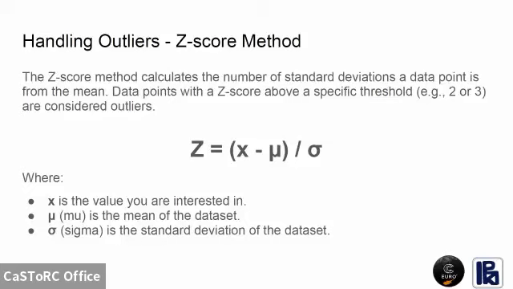You take the value that you are interested in, minus the mean value of your data set, and then divide by sigma, which is the standard deviation of your data. This is going to transform your data points into a new set of values with the mean value equal to 0, and then you have the standard deviation for each value, how far you are from this mean.